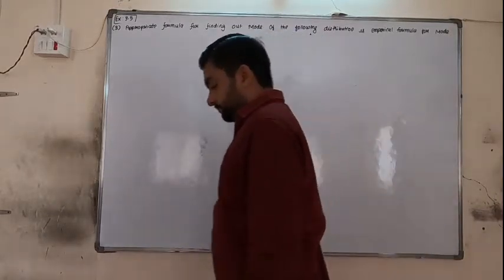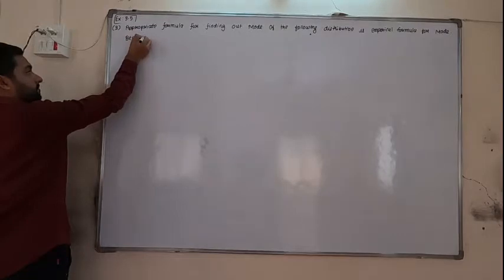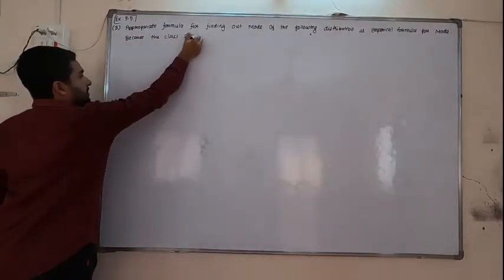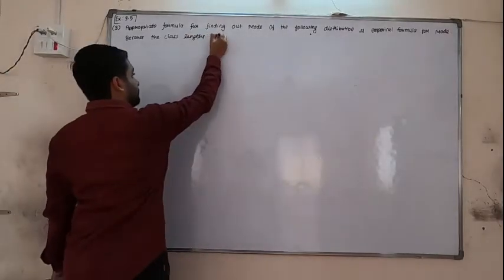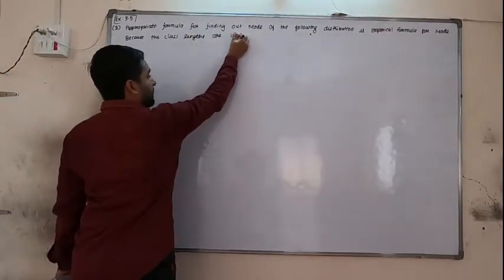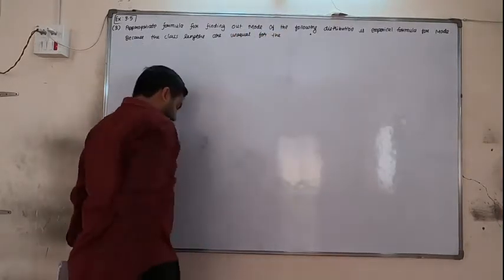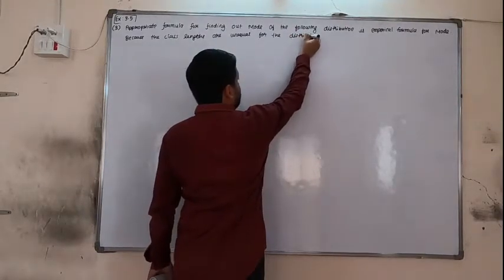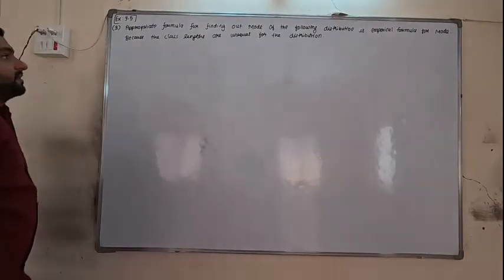Full stop. Because the class lengths are unequal for the distribution. Okay, so this is the reason.